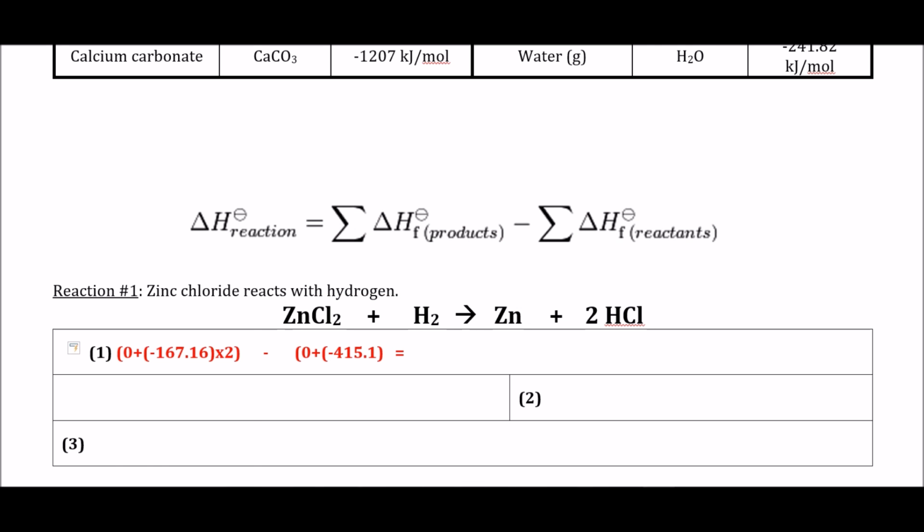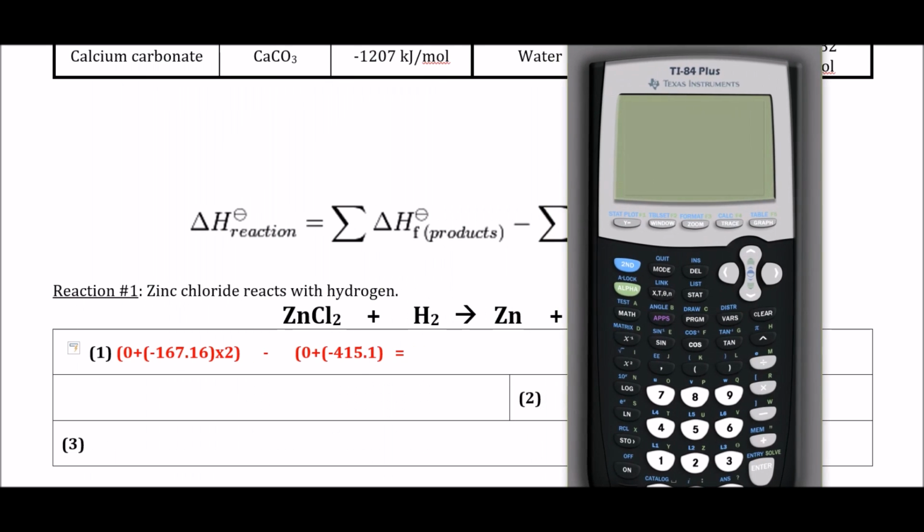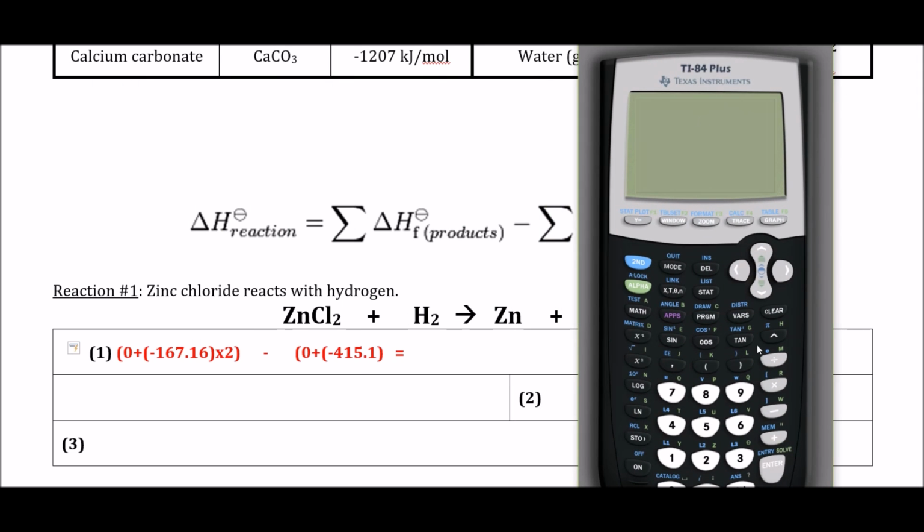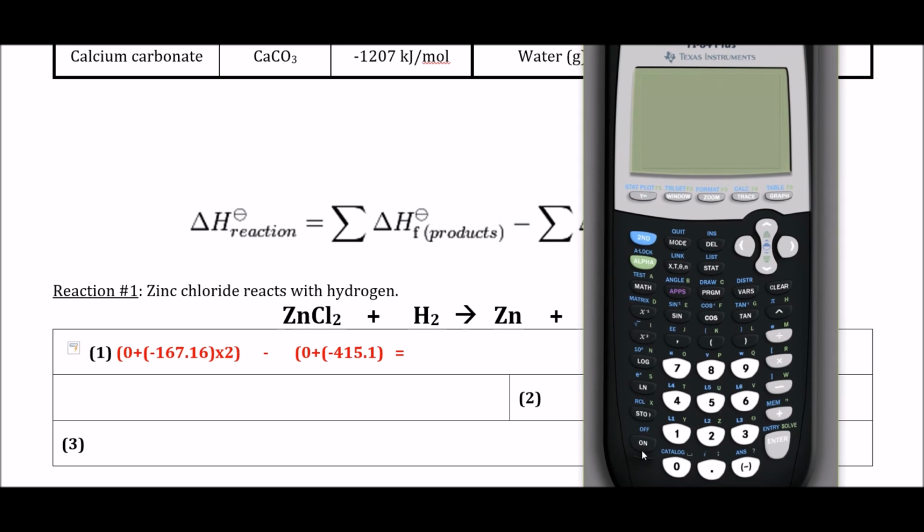Let's type that into a calculator here, and so we can see how to do this. So what we're going to do is we're going to do parentheses. We have to turn it on first.